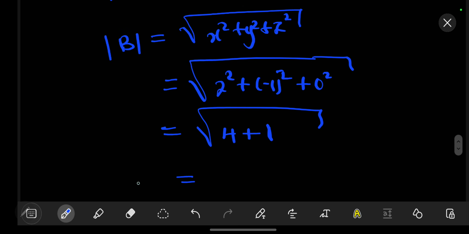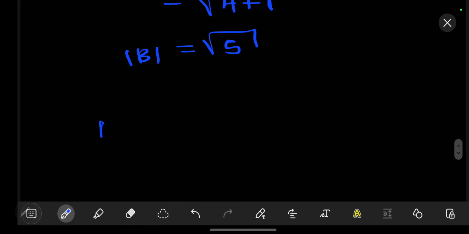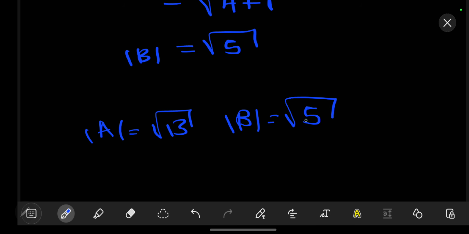So the magnitude of B is the square root of 5. Already we have found that the magnitude of A is the square root of 13, and the magnitude of B is the square root of 5.